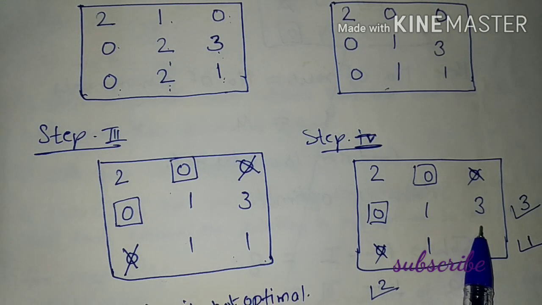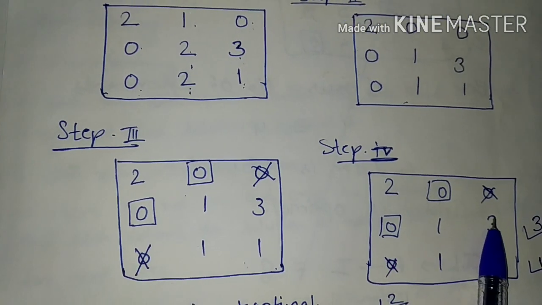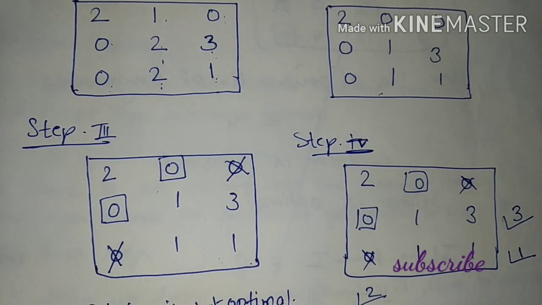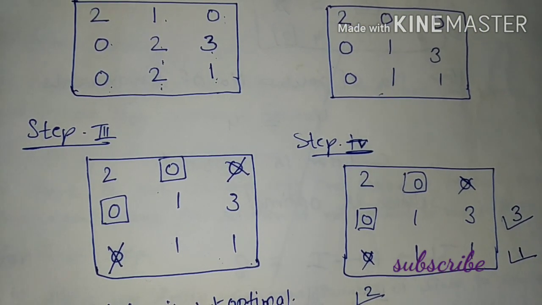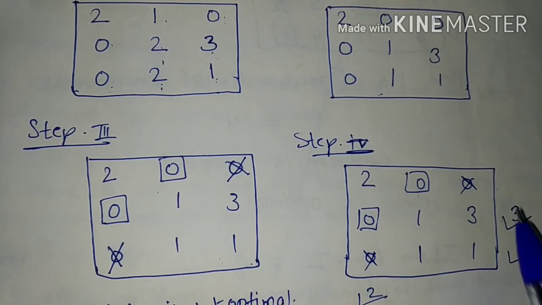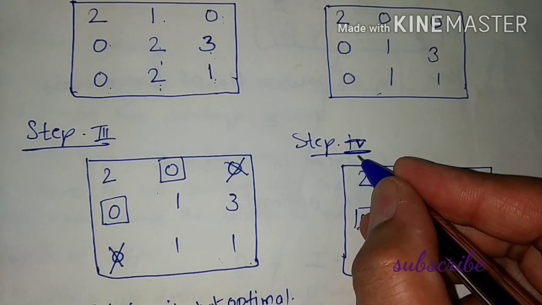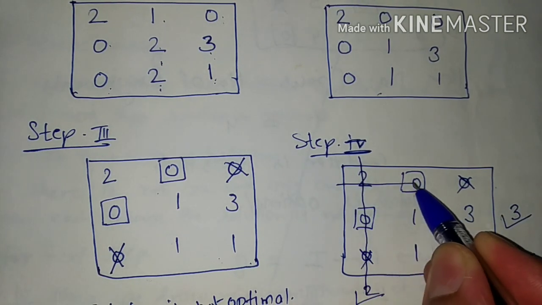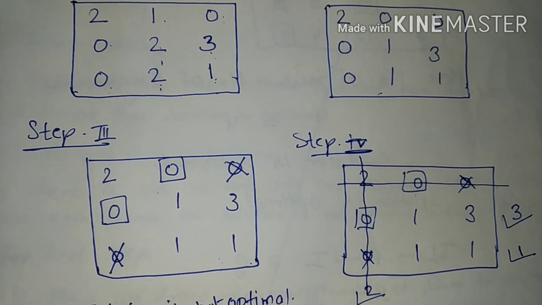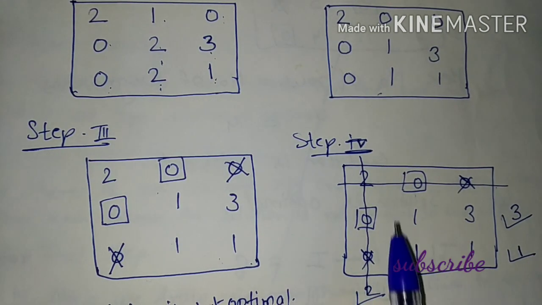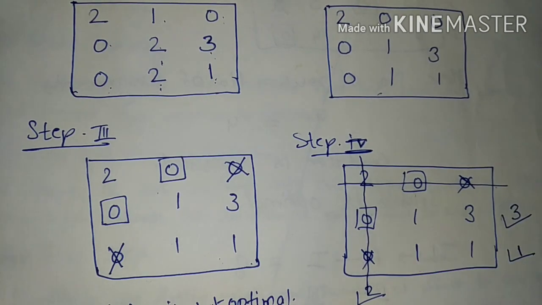In row 2nd, there is no cross 0, so the chain is complete. And now we draw minimum number of lines to cover all 0 at marked column and unmarked row.